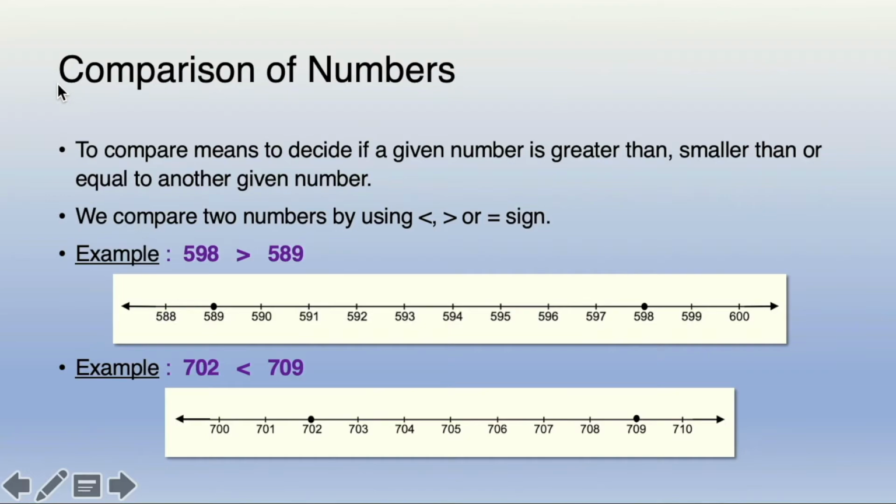Now, what do we mean by comparison of numbers? To compare means to decide if a given number is greater than, smaller than, or equal to another given number. So, we compare two numbers by using the less than, greater than, or equal to sign.